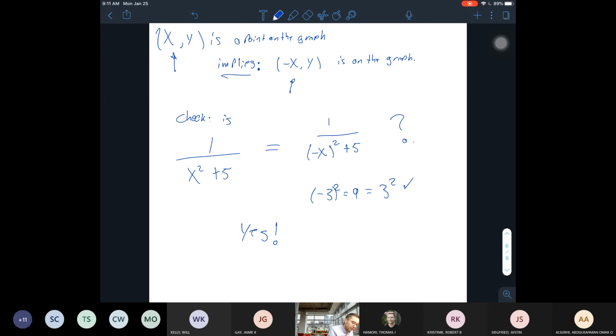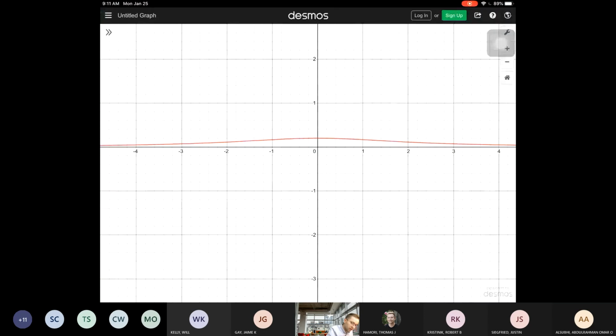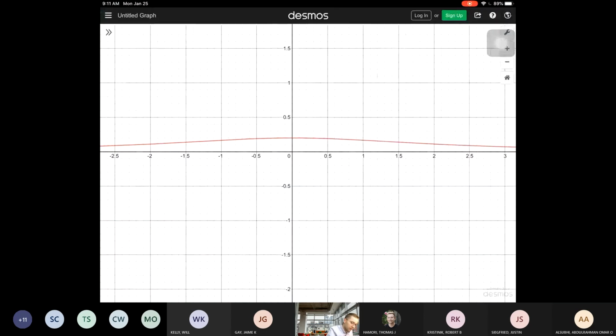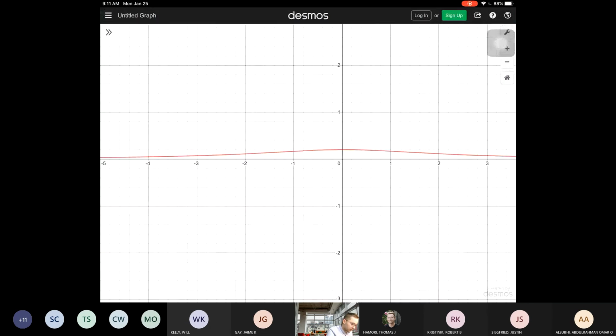this is symmetric, and we can see the graph of it. This is what the graph of it looks like. It comes up to this point right here, 1/5 is our y-intercept, and just goes out from there.